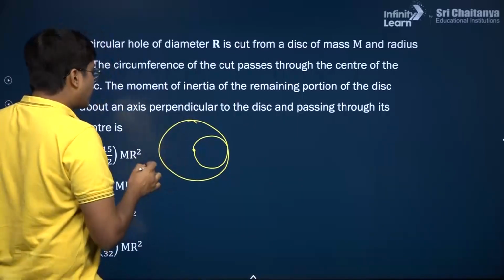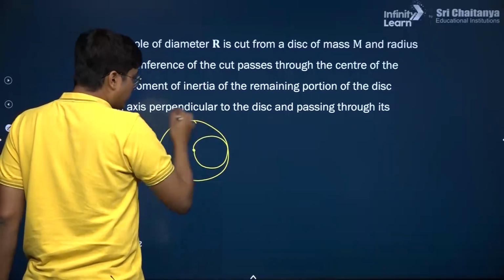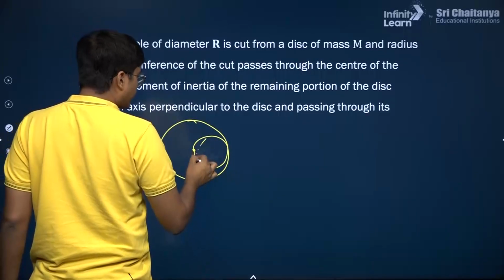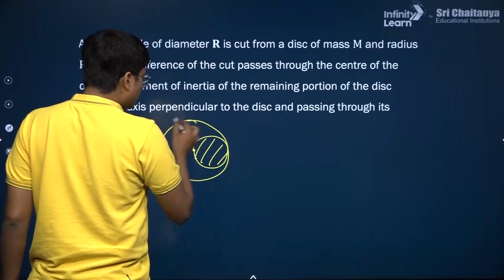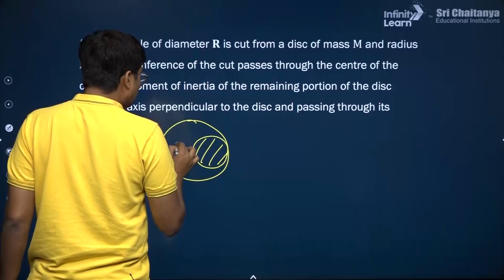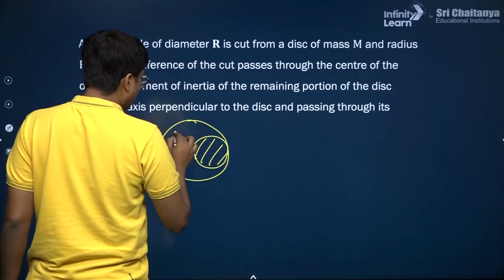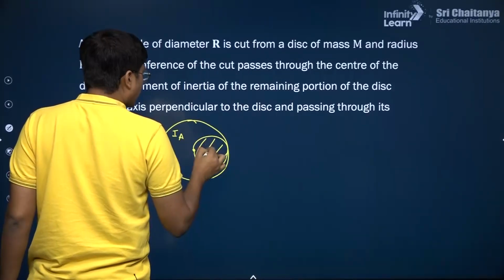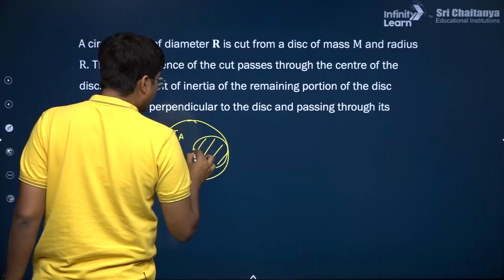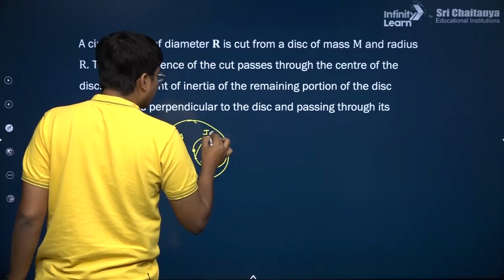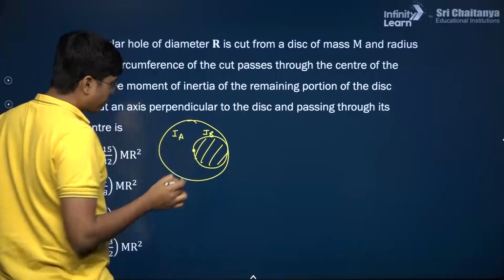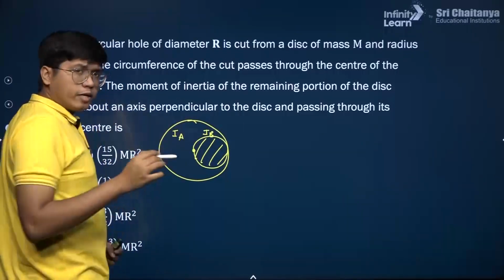Now let's assume that the remainder piece has the moment of inertia given by IA, and this piece we are cutting out has the moment of inertia about this point given by IB, right? And you have the entire moment of inertia.